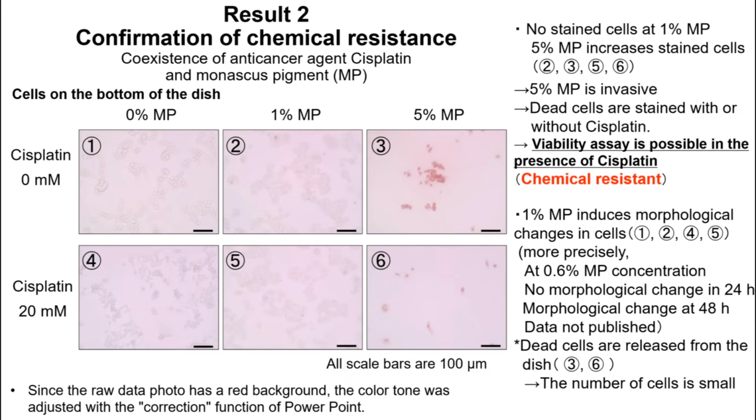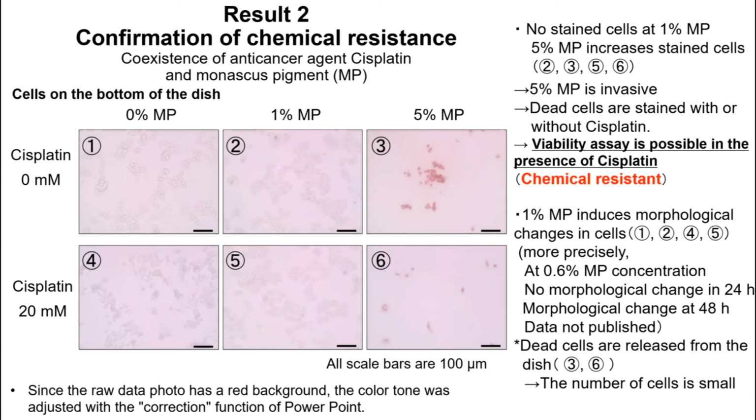Although data are not shown regarding cell staining, in 24 hours and 48 hours, 1% monascus pigment stained only floating cells, and 5% monascus pigment stained both cells on the dish and floating cells, regardless of the presence or absence of cisplatin.